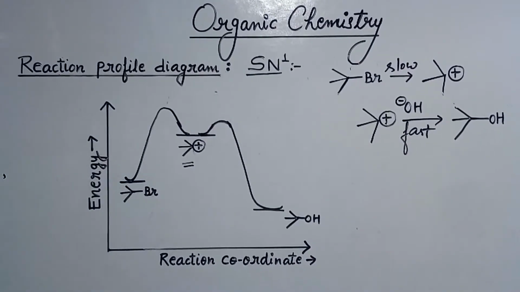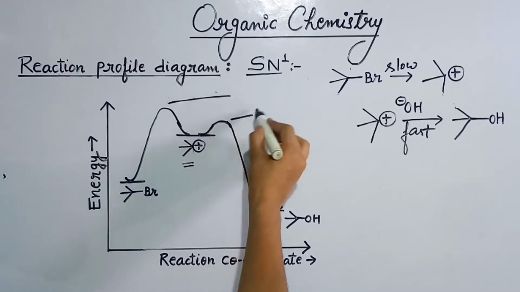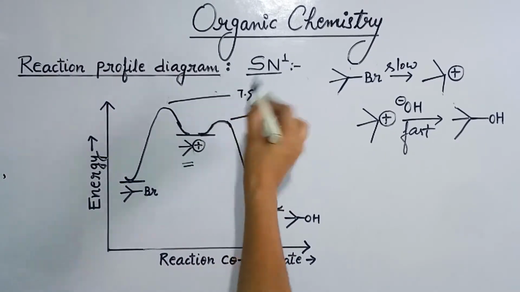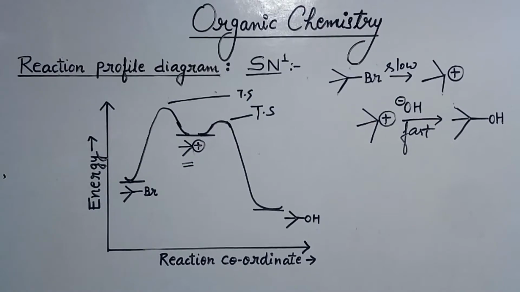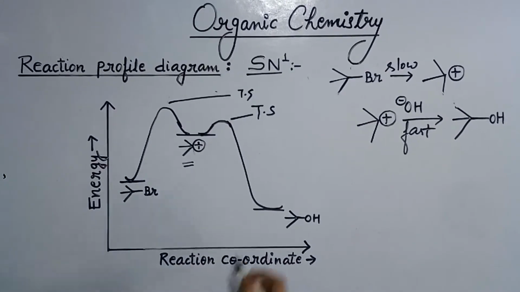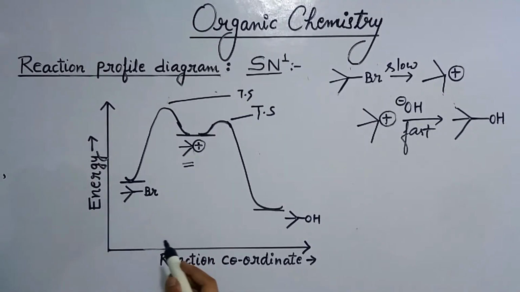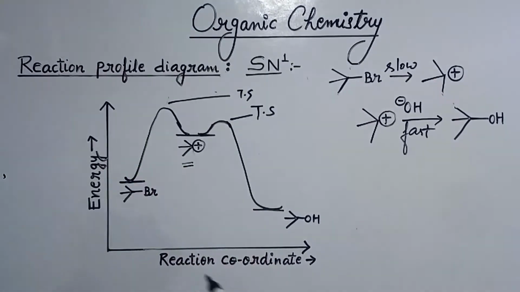Now the question may arise, what are these peaks called? These are actually transition states. Yes, transition states. Don't get shocked. Why am I calling these two peaks transition states?